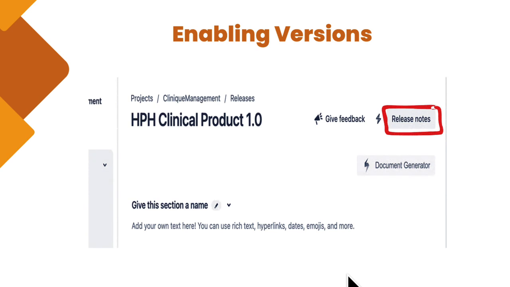Now we can also create release notes in Jira. When we go to the details of each version, we can see the release notes button. Once you click this button, you will get all the issues that were part of this release added to the release notes. We can also change the columns as we need through formatting options. Let's see this in a Jira instance.